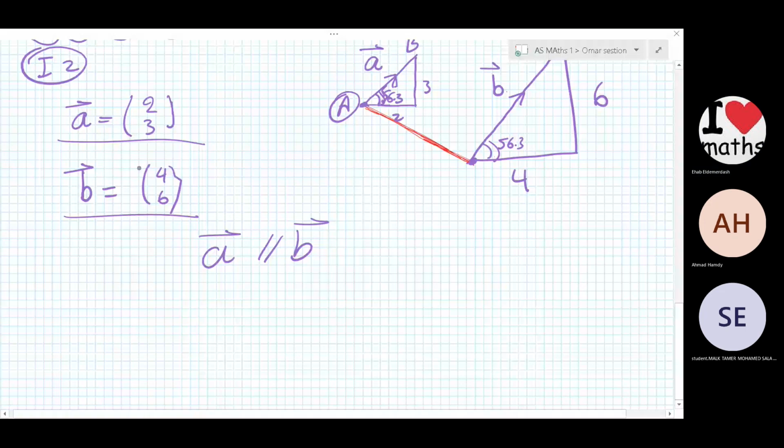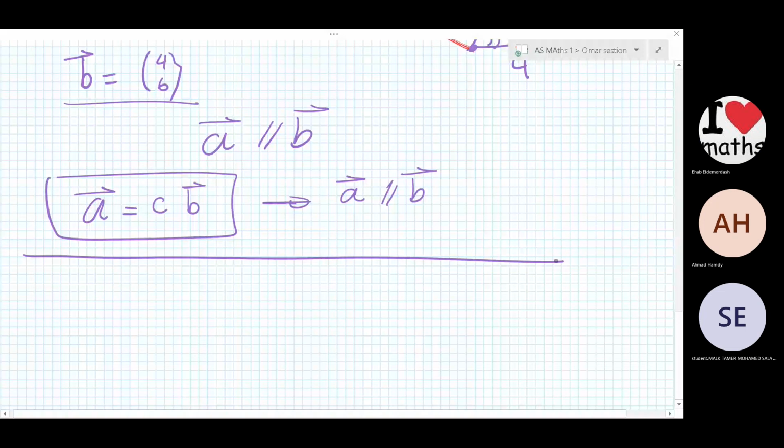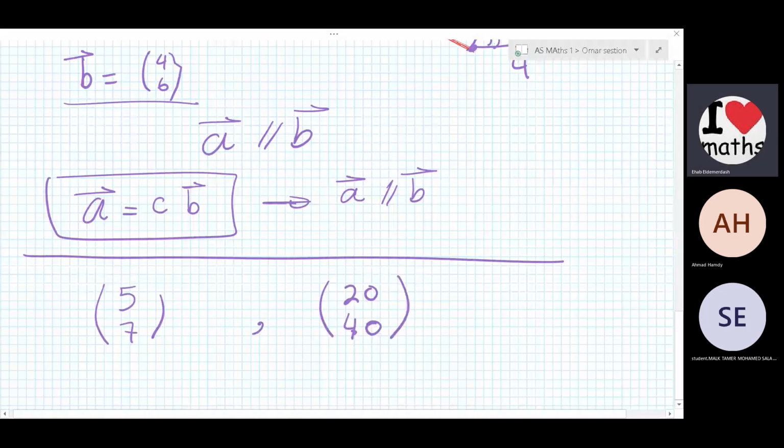For example, if I give you a vector 5 and 7 and another vector, let me say, 20 and 40, another vector as 56, and another vector as 20 and 28.